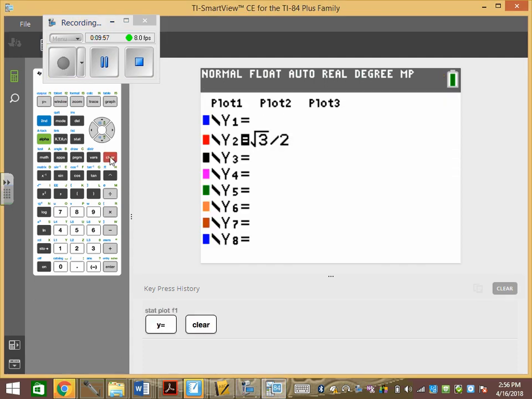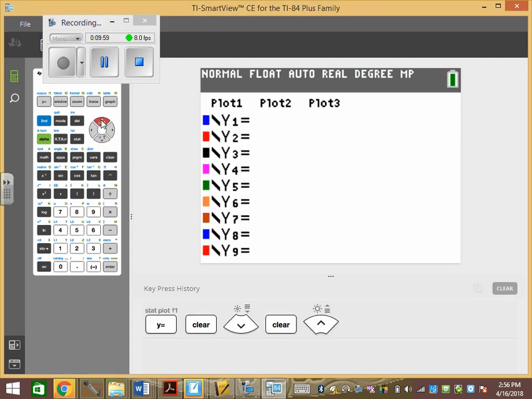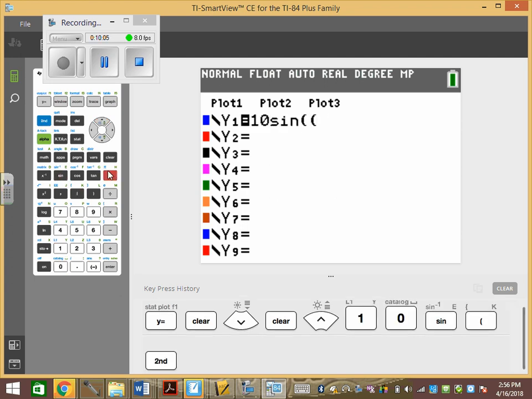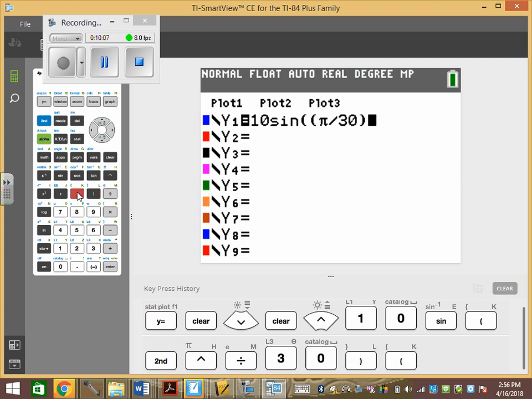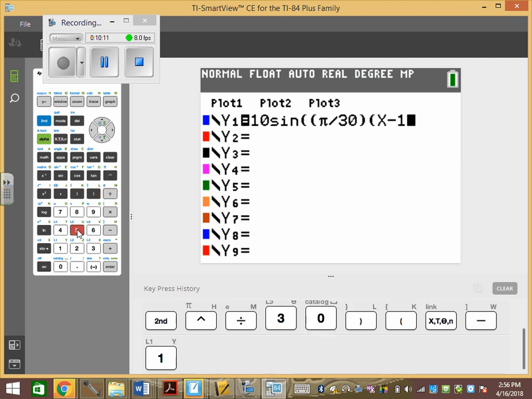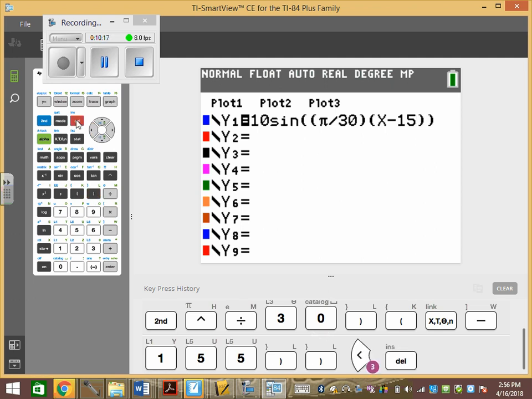So I would have 10 sine pi divided by 30 x, plus 12.